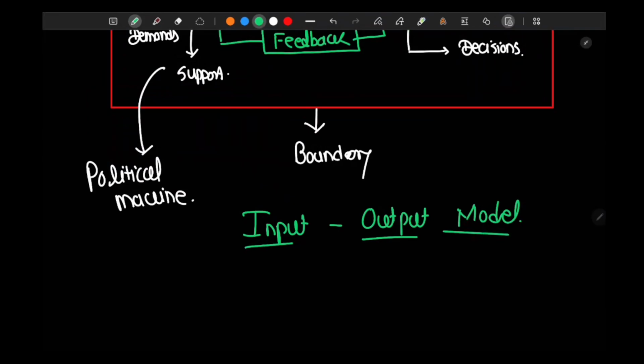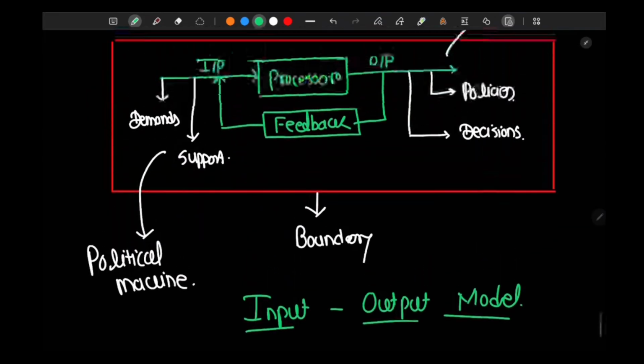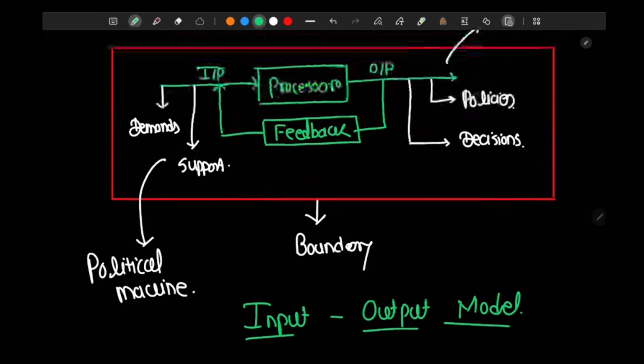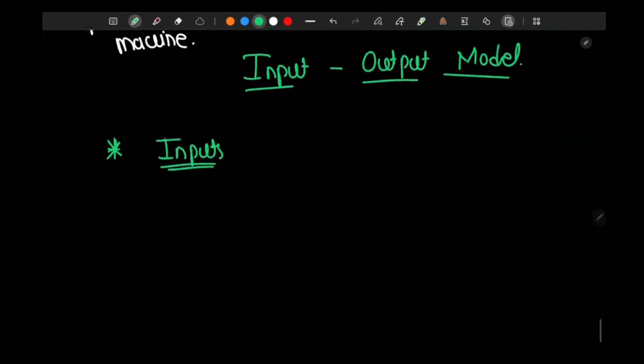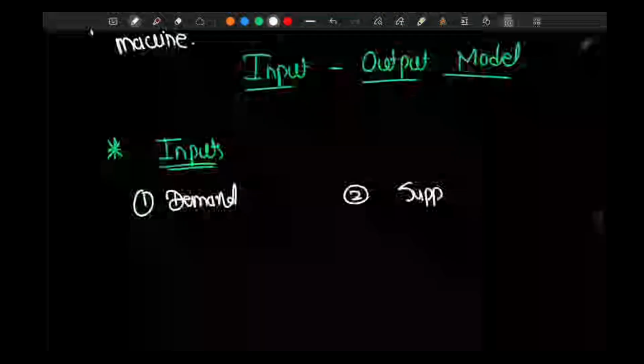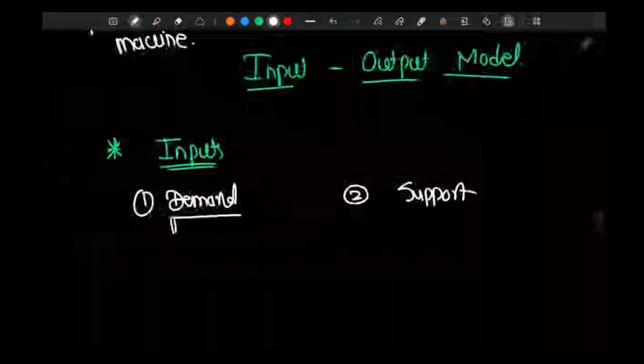So what does this model basically talk about? We'll start with inputs. There are two inputs. Number one, demand. Number two, support. What is a demand?